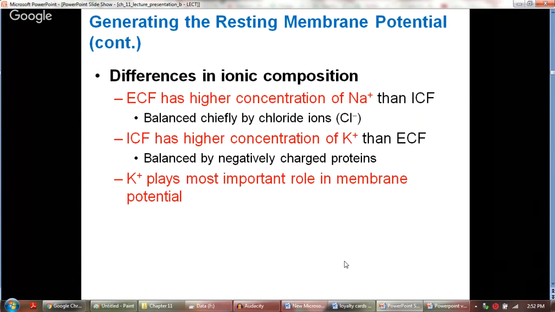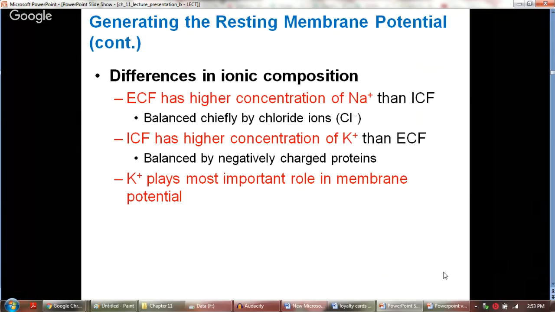So let's look at the first part, the differences in the ionic composition. The extracellular fluid has a higher concentration of sodium ions than the intracellular fluid, and this is balanced chiefly by the chloride ions. The intracellular fluid, of course, has a higher concentration of potassium than the extracellular fluid, and this is balanced by the negatively charged proteins.